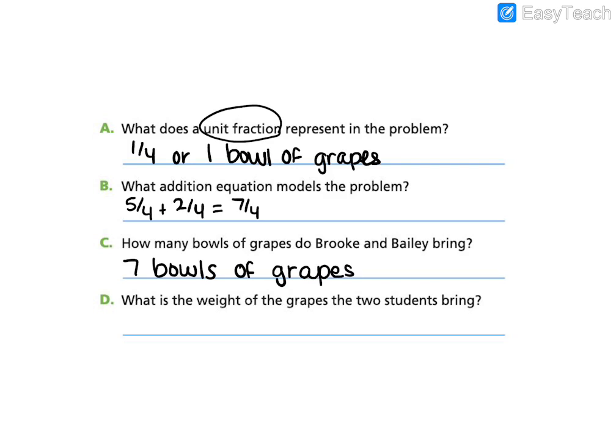Now the weight of those 7 total bowls is what we found. 7/4 pounds, or 1 3/4 pounds.